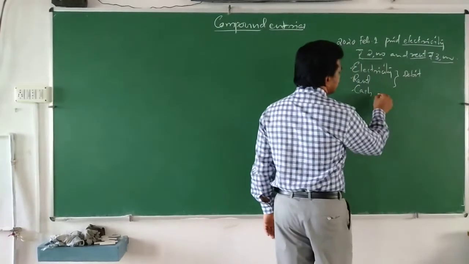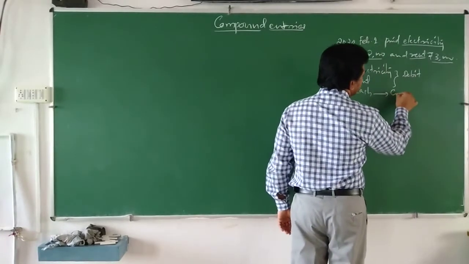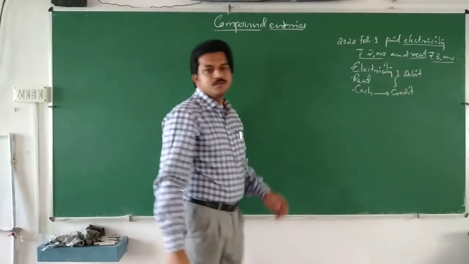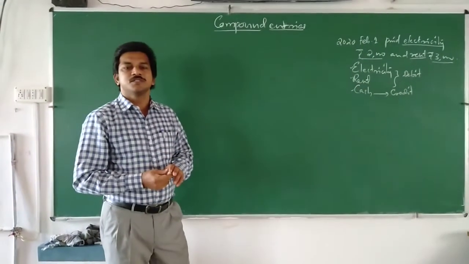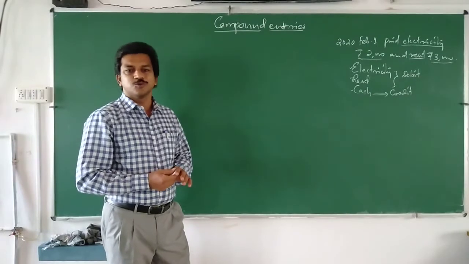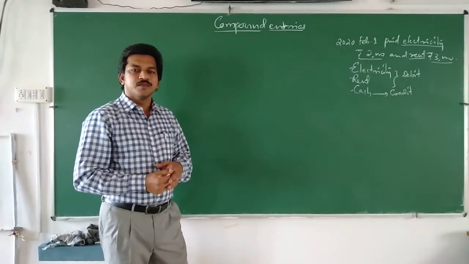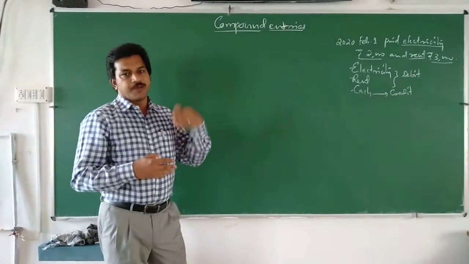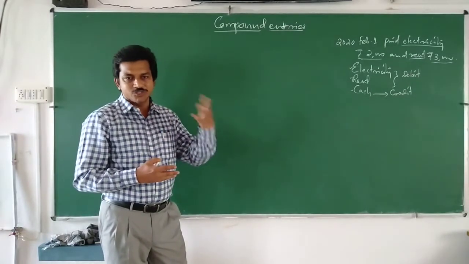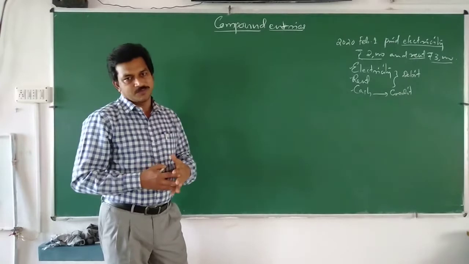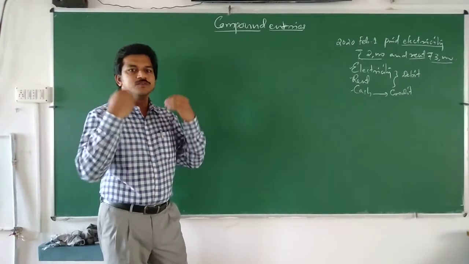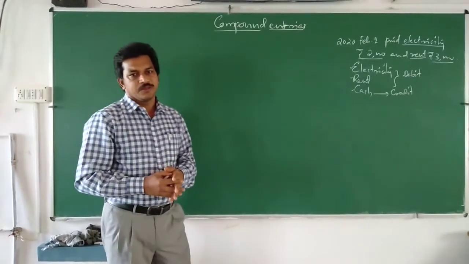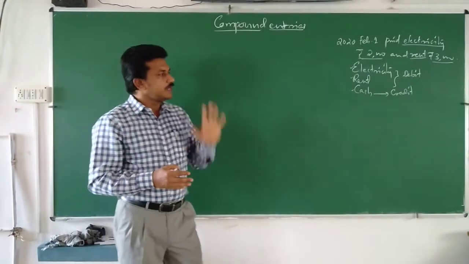Why can cash be credited? For that we see the real account rule: debit what comes in and credit what goes out. If you pay rent or electricity, cash goes out. So cash will be credited.